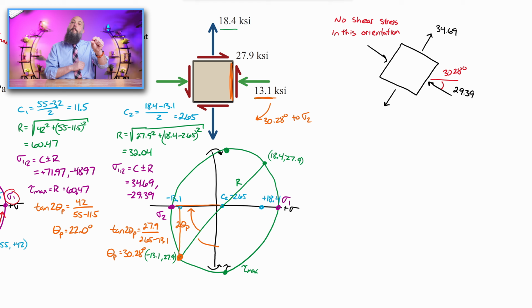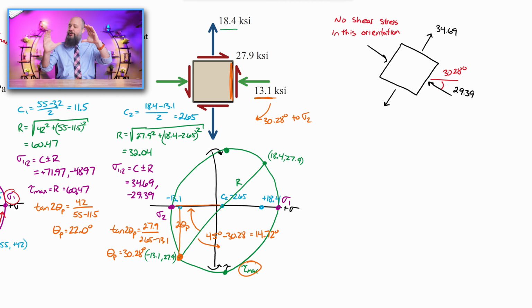But instead, I could go 45 minus 30 degrees in the other direction. Instead of going up to sigma 2, I can go to the maximum in-plane shear stress, which is the very bottom of Mohr's Circle.